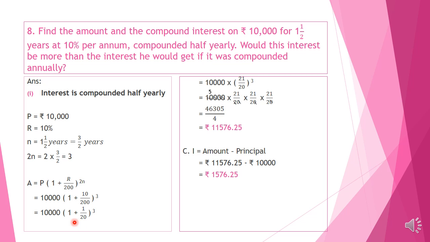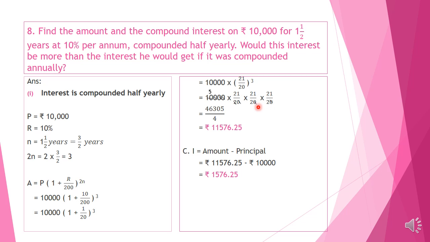So 1 plus 1 by 20 is 1 and 1 by 20. Changing into improper fraction we get 21 by 20. 20 into 1 plus 1. So 21 by 20. So we have 10,000 into 21 by 20 all raised to 3. It means 10,000 into 21 by 20 into 21 by 20 into 21 by 20.